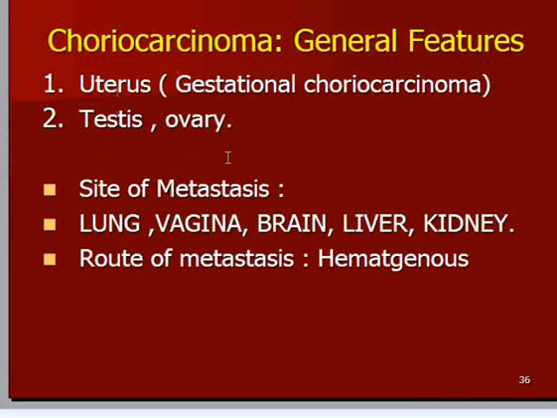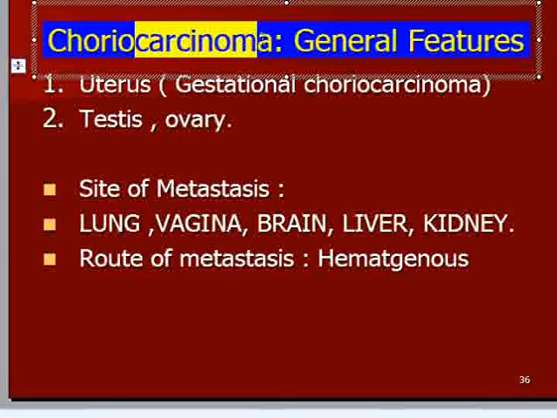So once again, as general features, uterus onset choriocarcinoma is known as gestational choriocarcinoma. Choriocarcinomas have classical sites of metastasis like lungs, vagina, brain, liver and kidney. In spite of the fact we call it a carcinoma, it is a trophoblastic cell origin tissue.